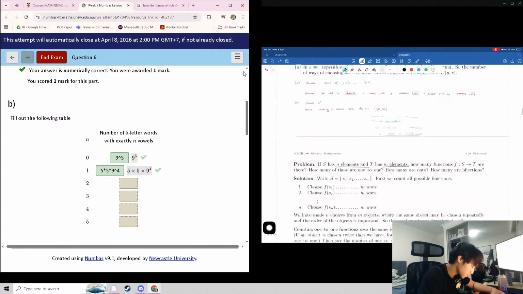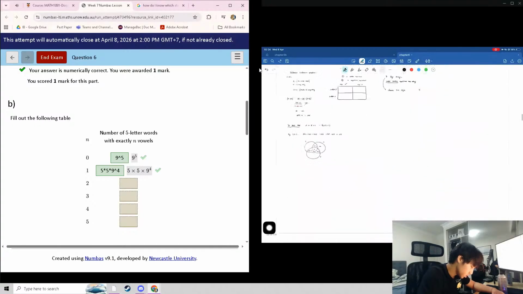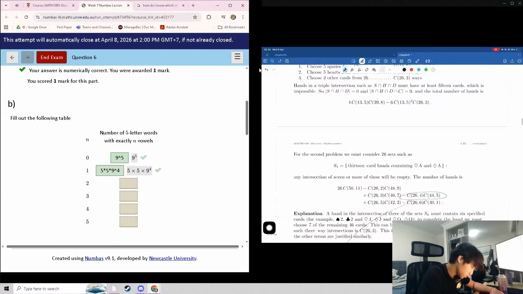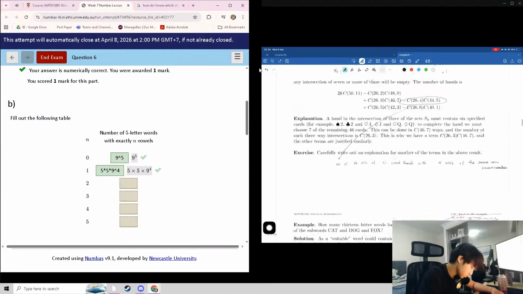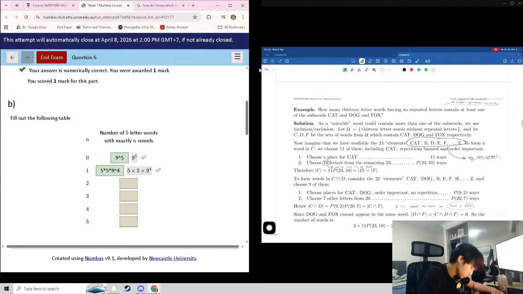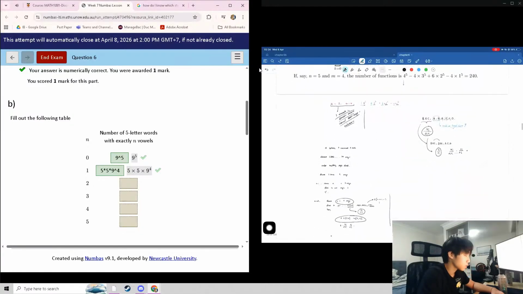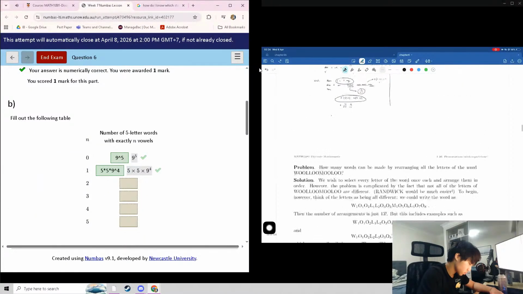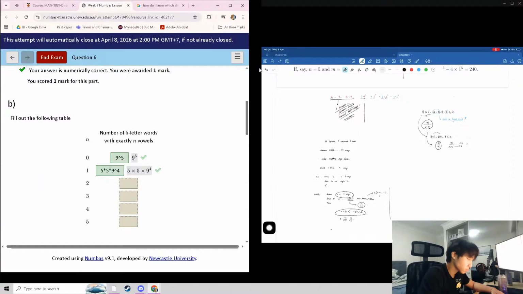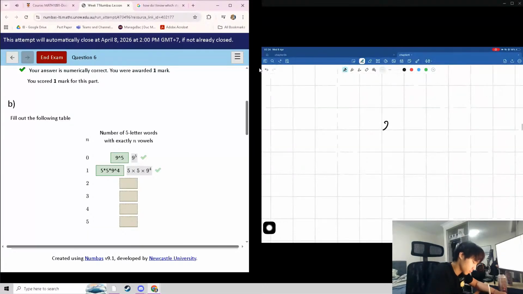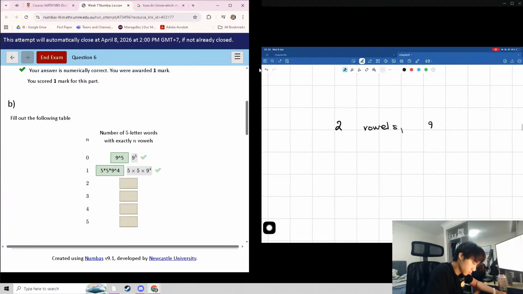Cruise with combinatorics. Once again, exactly 2 vowels. 9 consonants.